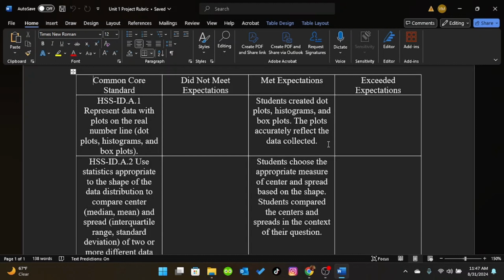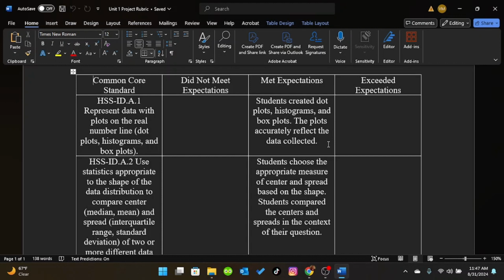For the exceeds expectation columns, think about what you would expect when you're watching the other groups give their presentations. Okay? So you met expectations if you just created a basic plot and it was correct.